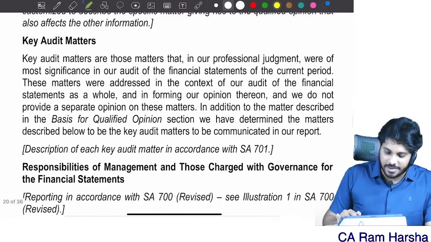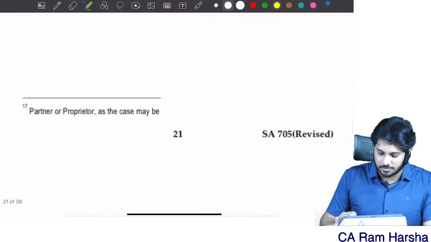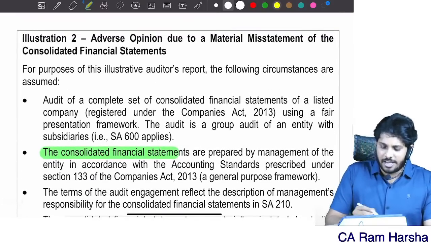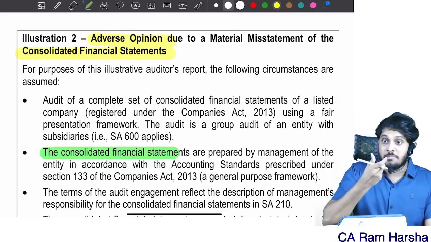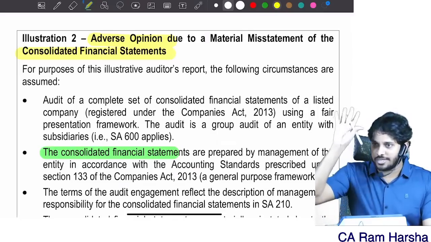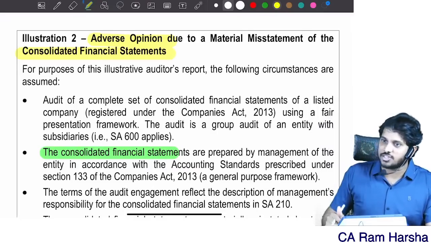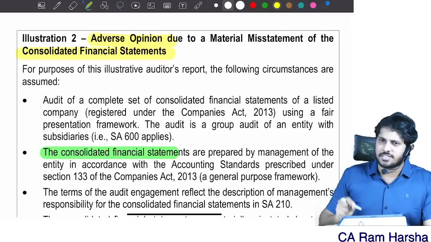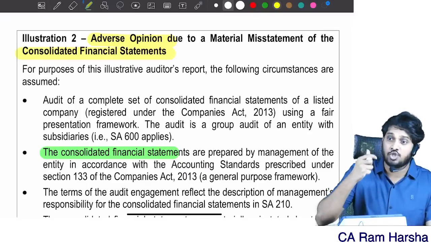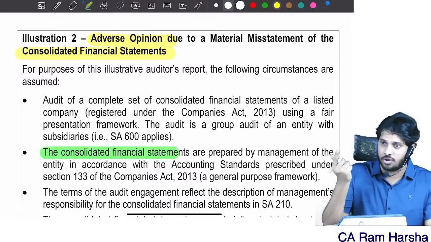For example, we discussed adverse opinion drafting, right? In this example, why did we give an adverse opinion on consolidated financials? Because they did not consolidate one material subsidiary. Non-consolidation of the subsidiary, in this case, they assumed, is not only material but also pervasive.